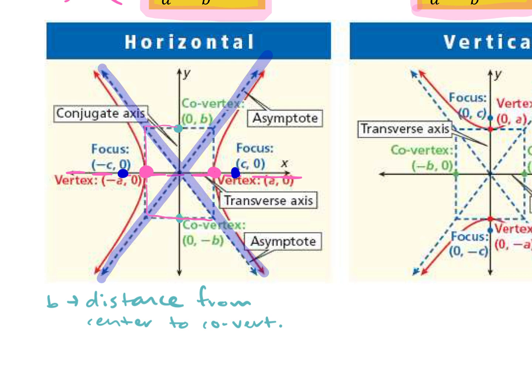So notice how we have this box here. If we go through the corner of the box and through the center, and back through the other corner, that's our line for our asymptote. So the co-vertices really just help us draw our asymptotes.